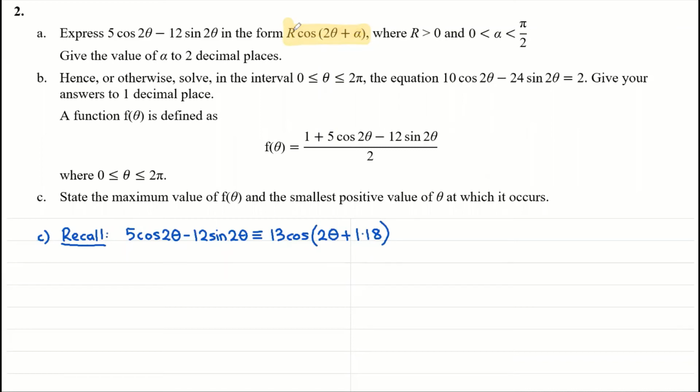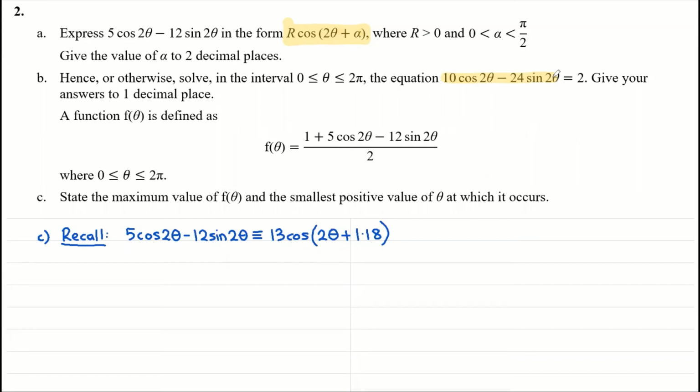Now for part B, we solved an equation by substituting the 13 cos 2 theta plus 1.18 in for all this stuff here, and we solved the equation, and we got 4 solutions within the given range.